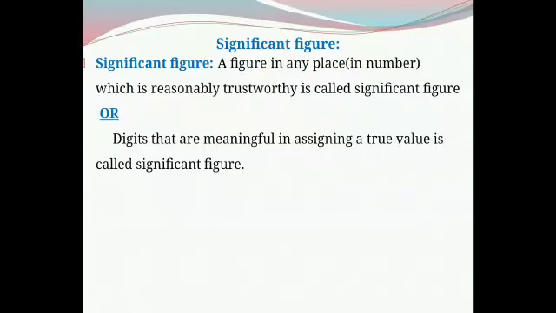And for taking the readings, sometimes we use calculators, and using calculators we compute multiplications and divisions, and we get answers in many digits after the decimal point. That is, too long answers.